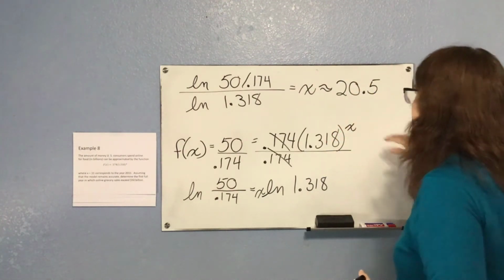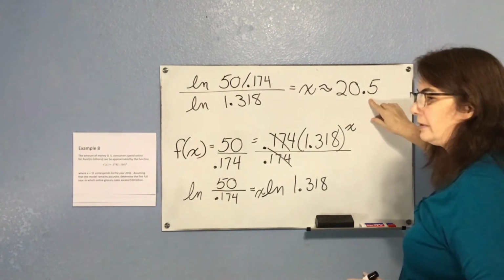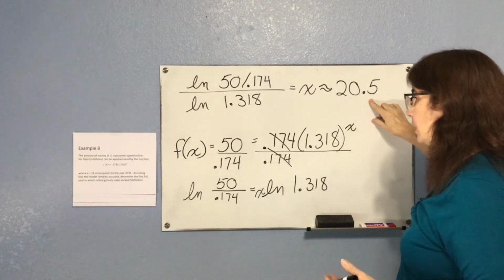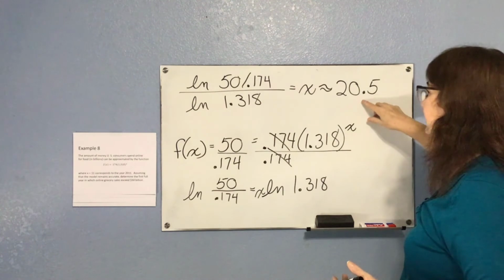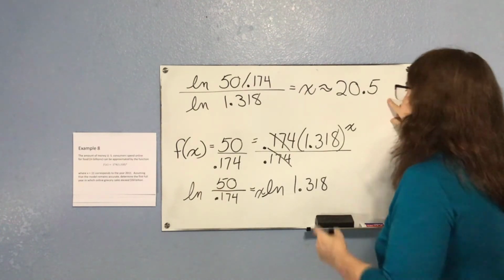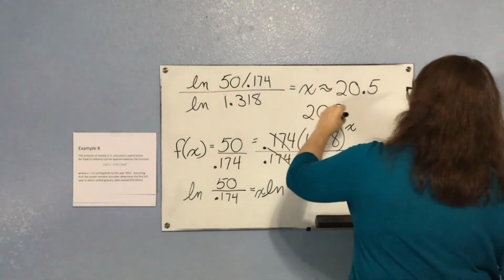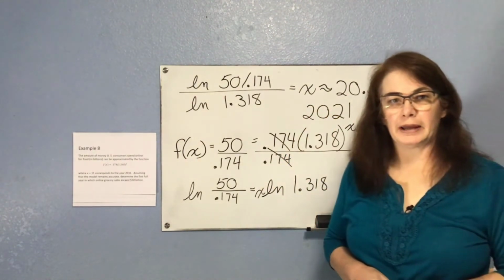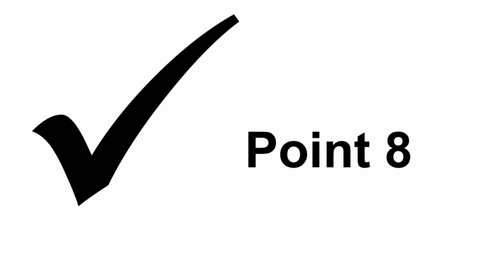Well, we were told that x equals 11 was 2011, so x equals 20.5 would be 2020, but it's not a full year, so I need to round it up again and say that the year is 2021. Okay, you're going to work this problem again in checkpoint 8.